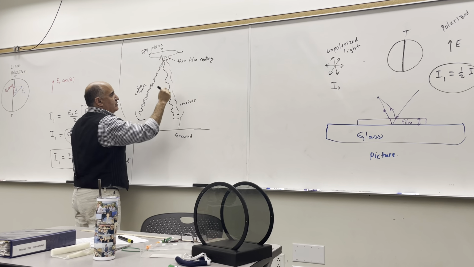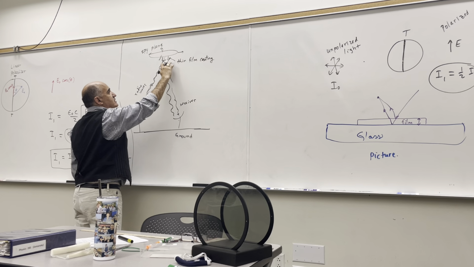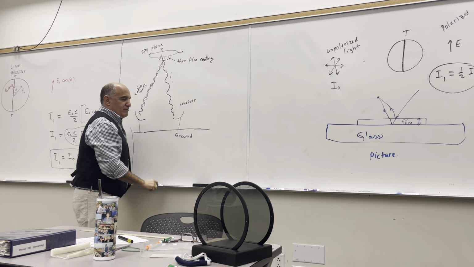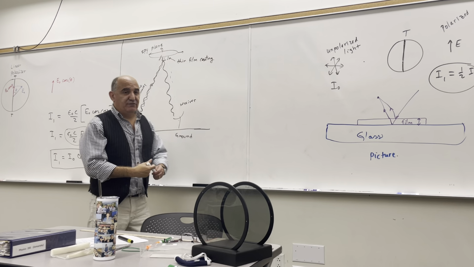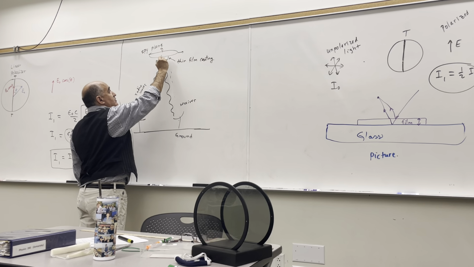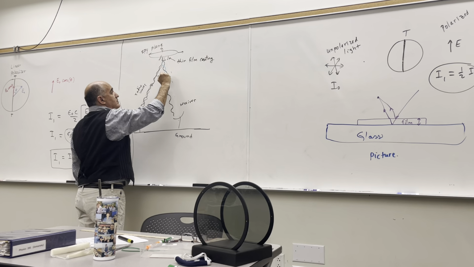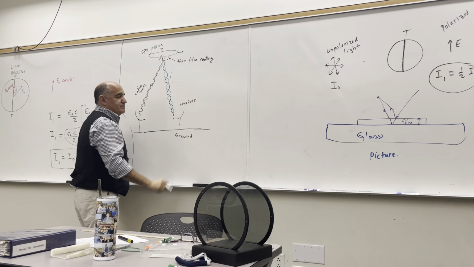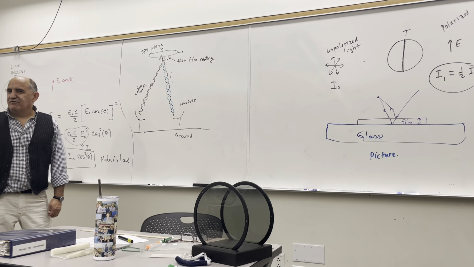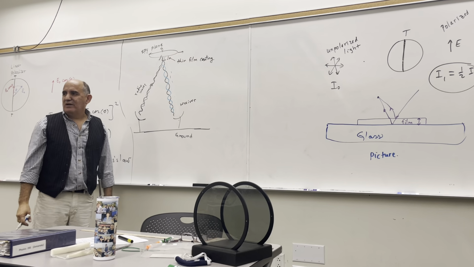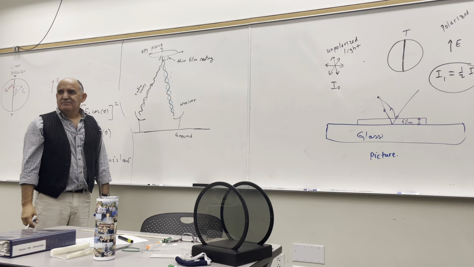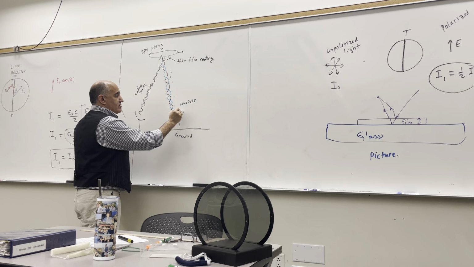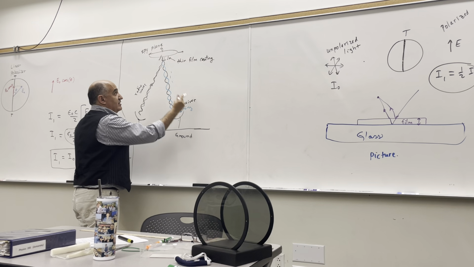I'm not being careful with the wavelength over here, but the rest of the energy reflects from the back surface of the film, and it comes out like this. You say 180 degrees out of phase. So what will happen when you combine these two waves together? They'll cancel each other out, destructive interference. And then you get nothing over here, and then there's nothing up there.